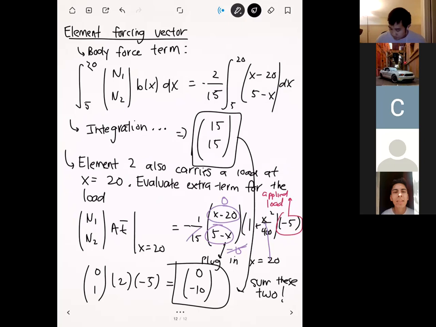Okay. Any questions on this before I write out the full element system here for element 2? Okay. All right, and so for element 2, we get the following.